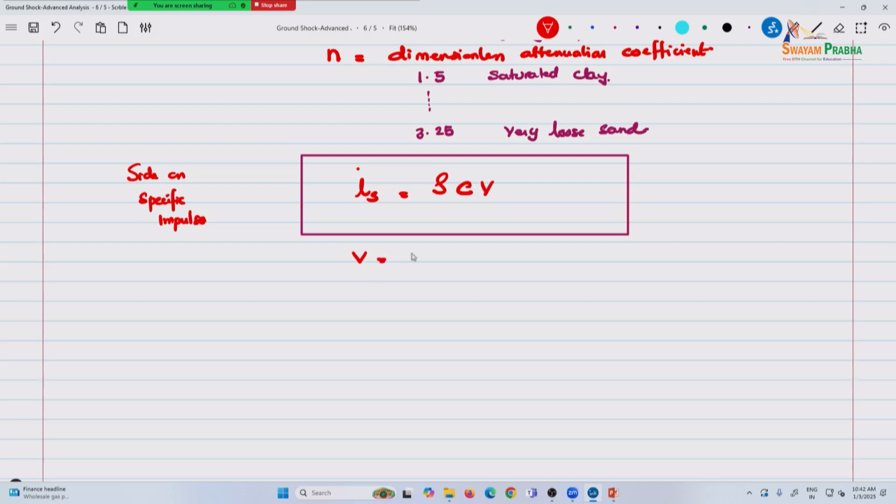V is given by the expression 60.8 W to the power 1/3, Fc over C, times 2.52 R by W to the power 1/3, to the power minus n. And C is the loading wave velocity.